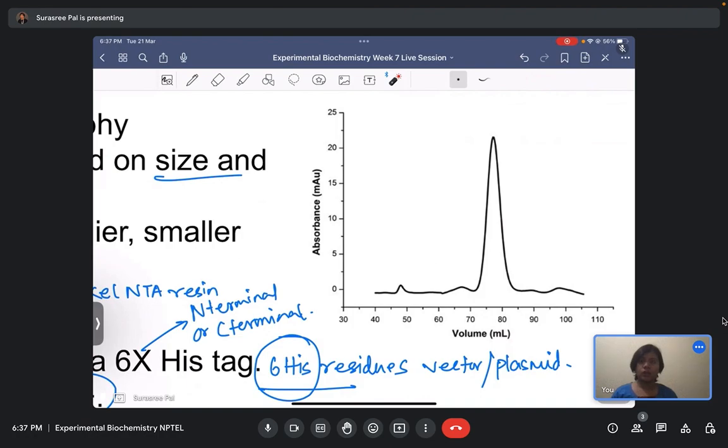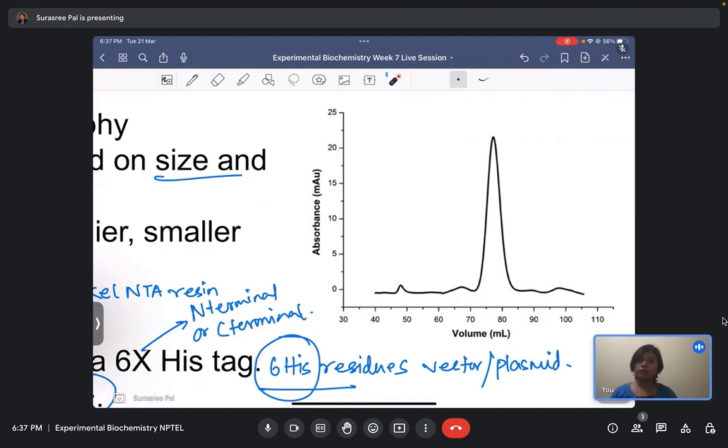There is a UV detector which is associated with this chromatography system, and we can see that at approximately 80 ml of volume, our protein is being eluted out, and it is giving us a sharp peak, by which we can calculate the retention volume of the protein.